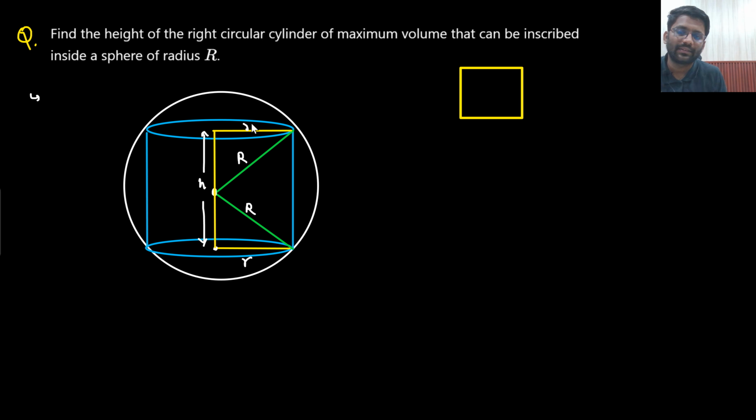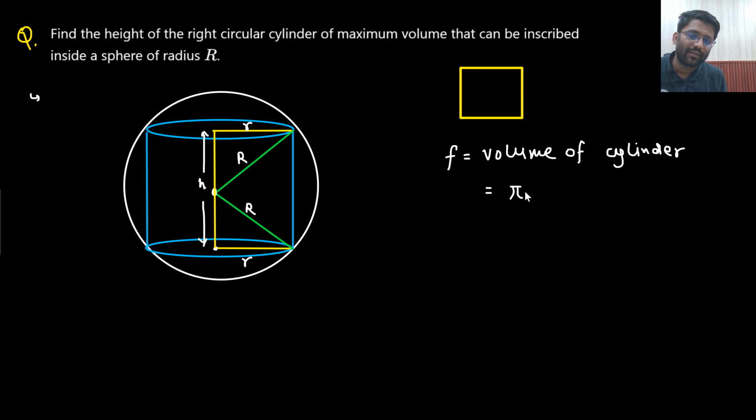What we need to maximize? We need to maximize the volume of the cylinder. What would that be? Pi r square h. This is something that we need to maximize.